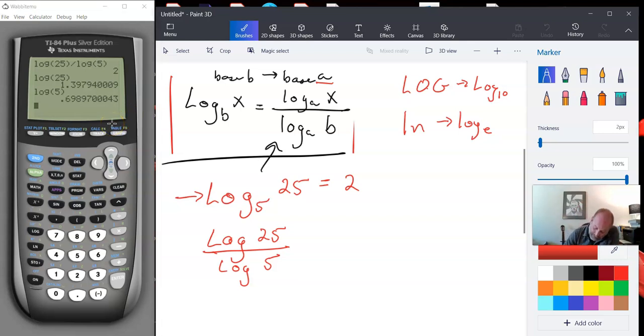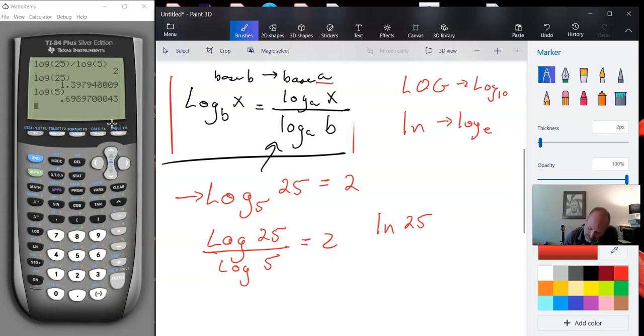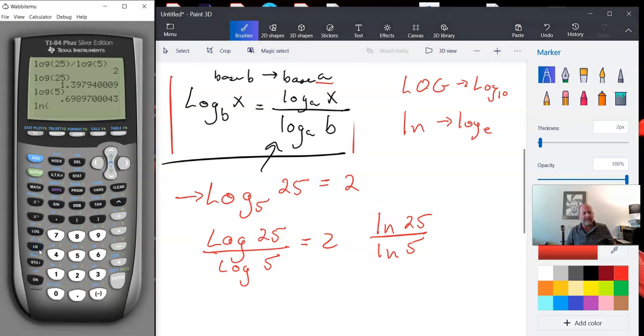So yeah, so it worked here, right? We got 2. So let's just make sure this works across the board. Let's try the same thing with the natural log. Now, you're going to get 2 different numbers for these, right? The natural log is the one that says ln, and that's right underneath the regular log.